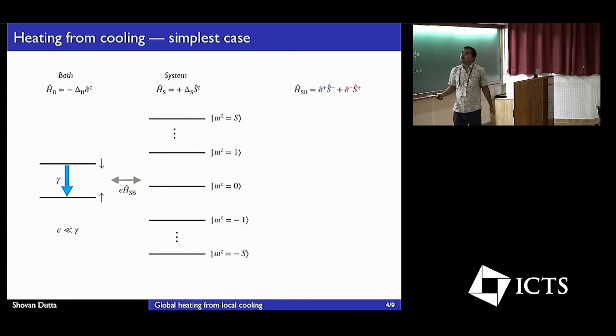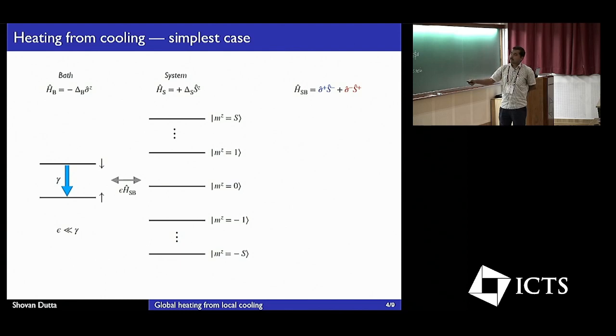Right, so now the simplest case where you get heating from cooling. I'm again considering an n-level system, equally spaced, the same setup as before, but now the system bath coupling is given by some spin exchange between this two-level system and this n-level system.